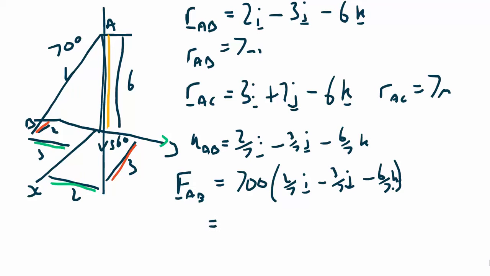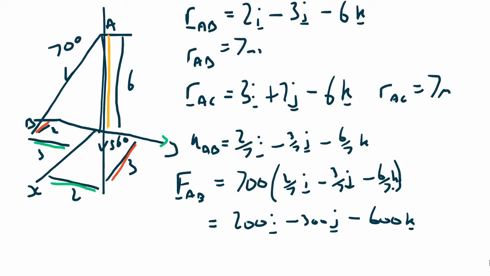So that's going to equal 200i minus 300j minus 600k. I'll just jump to my next slide.